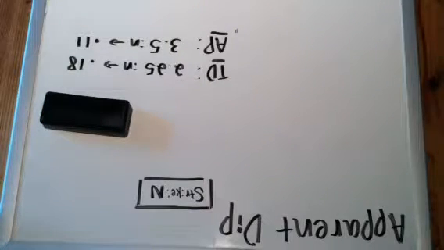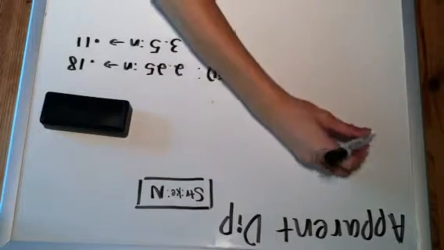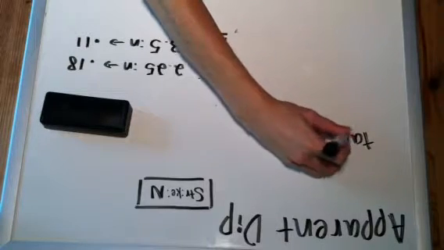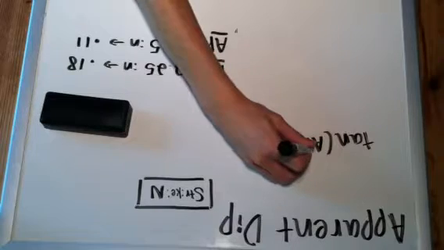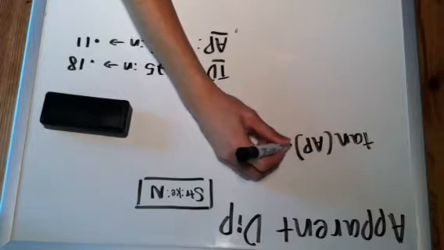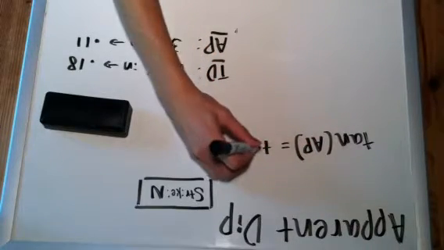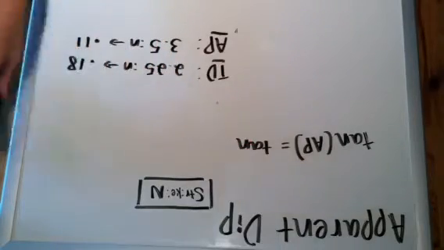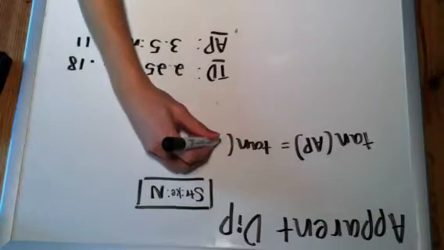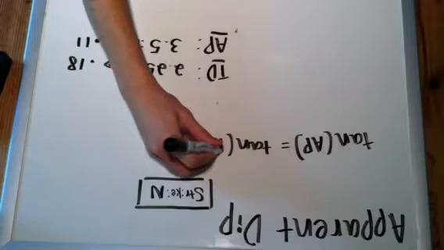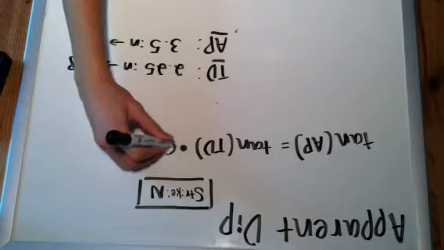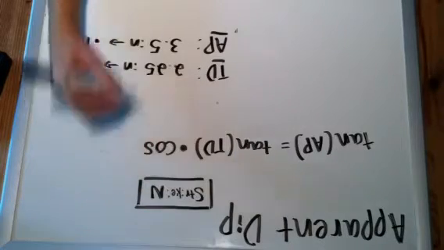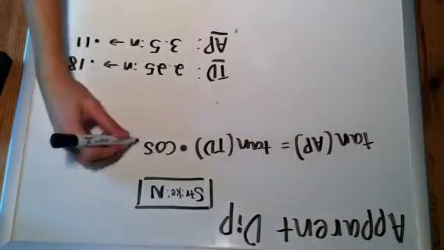And this equation states that the tangent of the apparent dip, AP, is equal to the tangent of the true dip, TD, times the cosine of any angle, but we're going to call it beta.